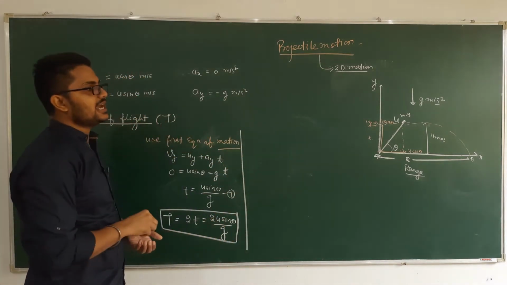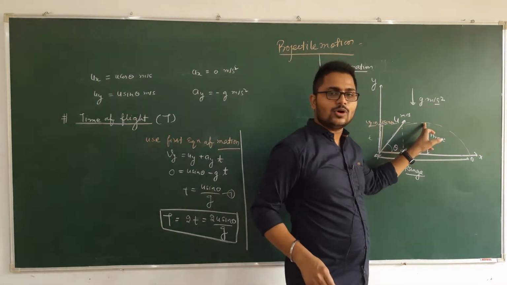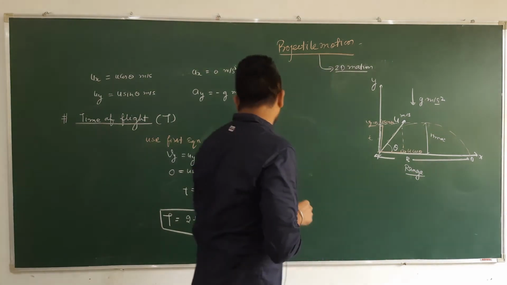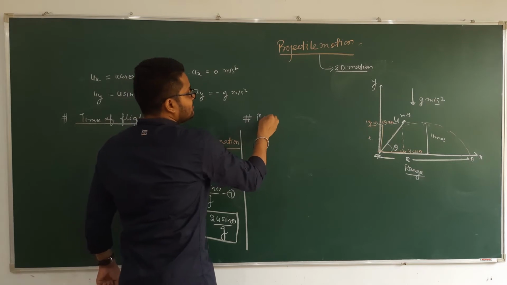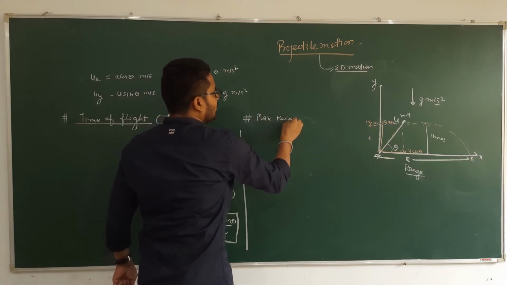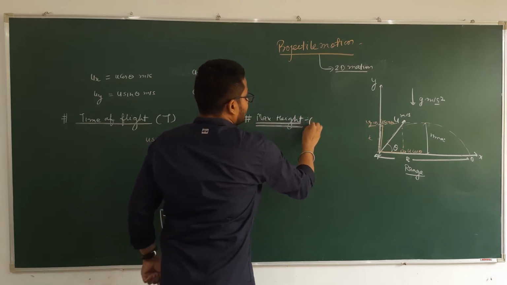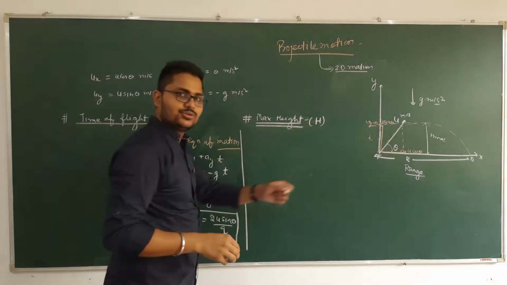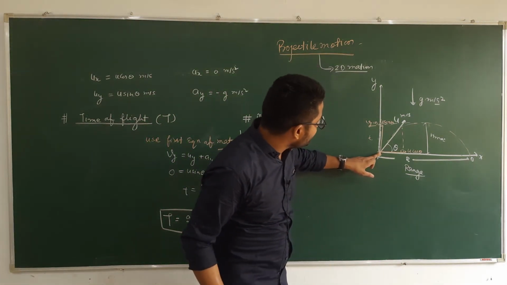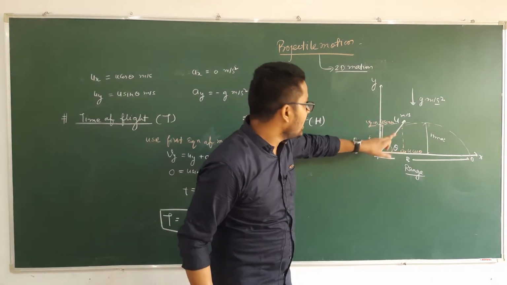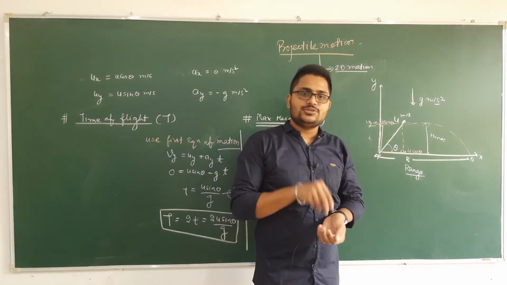The next thing is how to calculate the maximum height of this particle, represented as h max. First of all, the initial velocity is u sin theta, and finally at the topmost point in the vertical direction the velocity is 0.